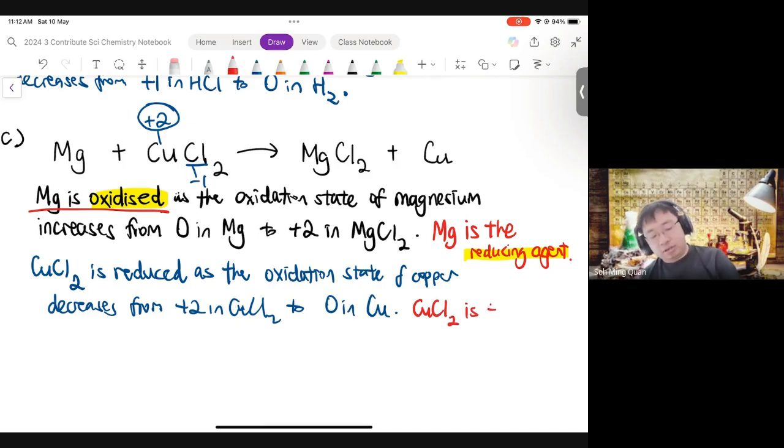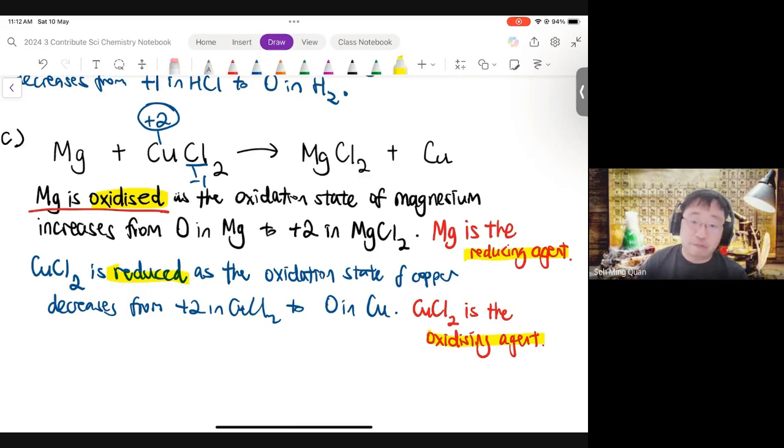CuCl2 is the oxidizing agent. Why do I deduce that? Because it is itself reduced. Anything which is itself reduced will be the oxidizing agent. Okay? So this is good to know, and good to know when to do what. It's always stated in the question. That's why reading the question is very, very important.